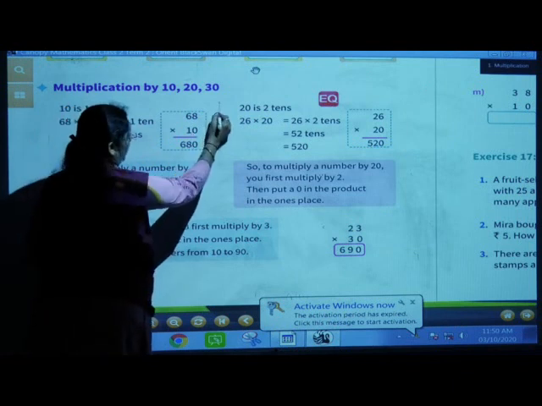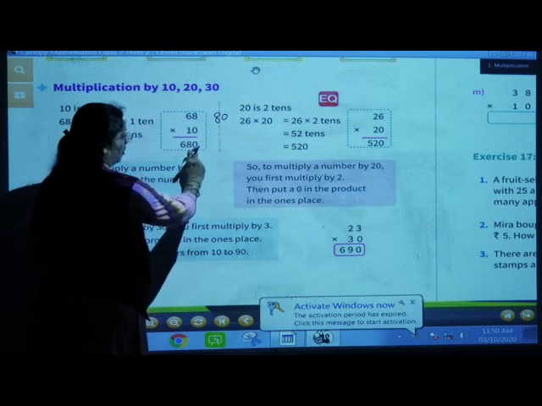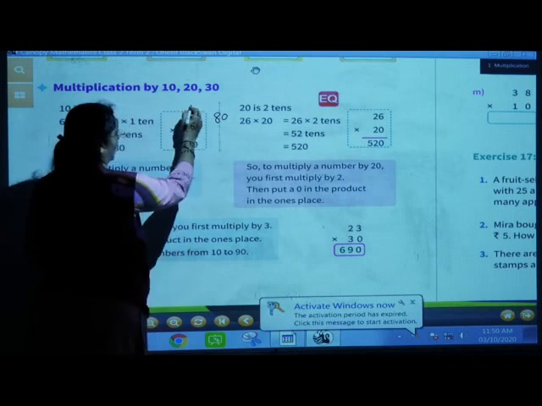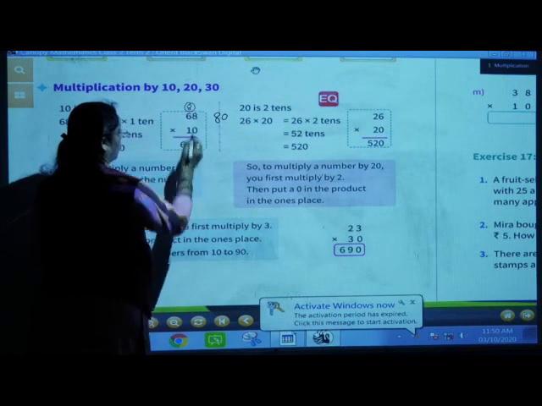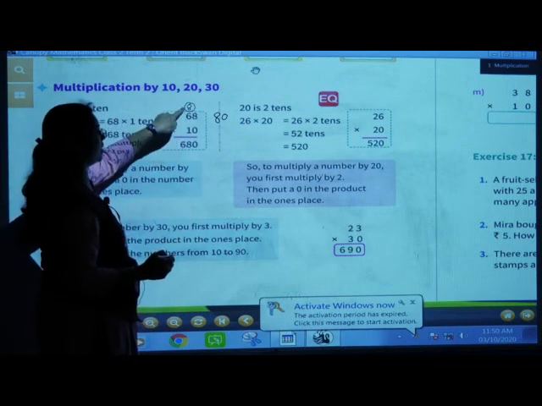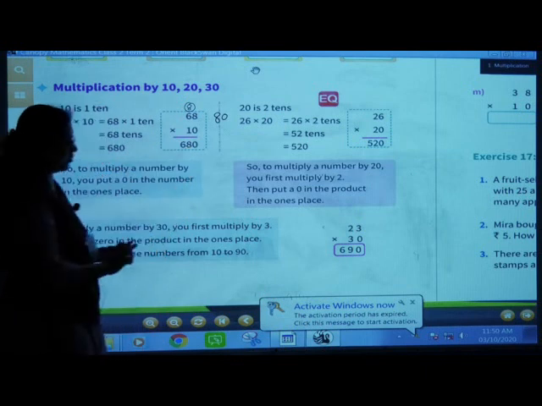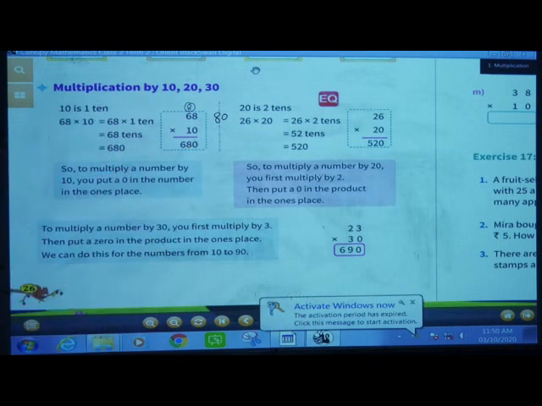Correct? 80. We have to write the 0 in the ones column and 8 carried over. 10 6s are 60. 60 plus 8, 68.